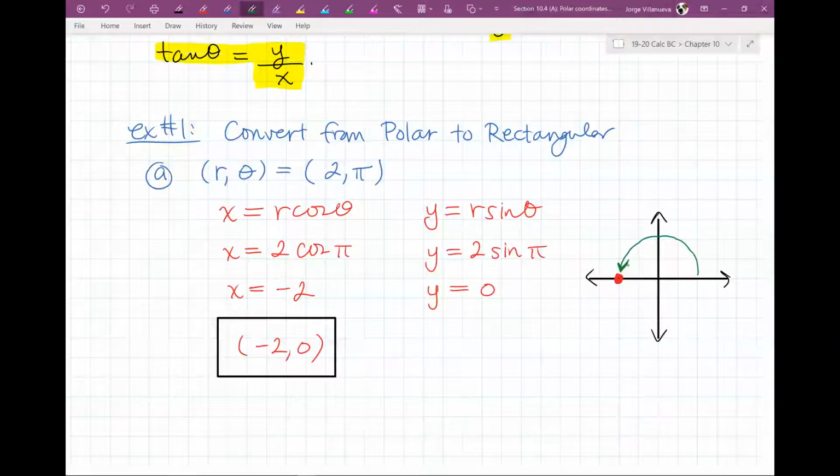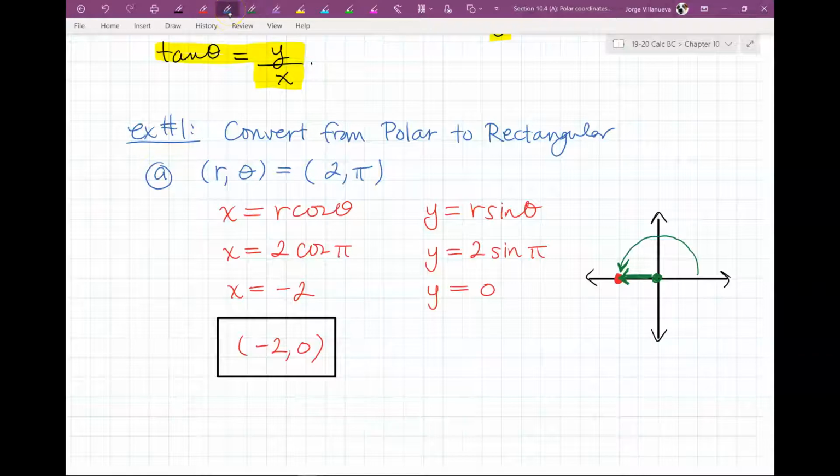And what would the r value be for this line that I would have to create? It would have to be 2 units long, right? So 2 comma pi is the same as -2 comma 0, because -2, 0 is 2 units away from the origin, laying flat on the negative x-axis to be exact. And the polar point says it's 2 units long at an angle of pi. So you can see they're exactly the same point. It's just a different way to write it.